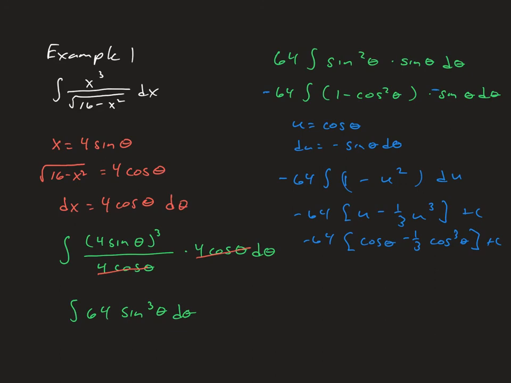Now at this point, you might be thinking, oh cool, we're done. No, you're not. The issue is this: our original problem is in terms of x, so we need to get this in terms of x now.